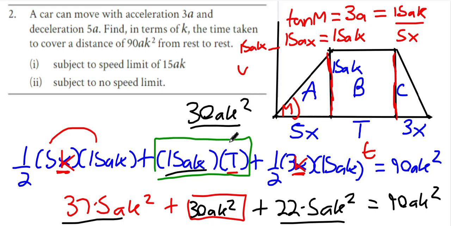And what's left over? 2K. So we know that T is 2K. We know that X is K. So what do we have here? 5K, 2K, and 3K? 10K. Anybody else get 10K?